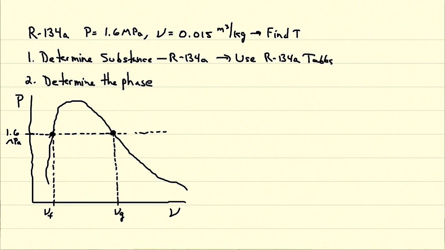So how do I determine what those values are? Well, I can do that by going to my saturation table, table A12, sorted by pressure. How do I find v_f and v_g? Those are saturation properties. I can determine them from table A12, which is the saturation table for R134a, sorted by saturation pressure.